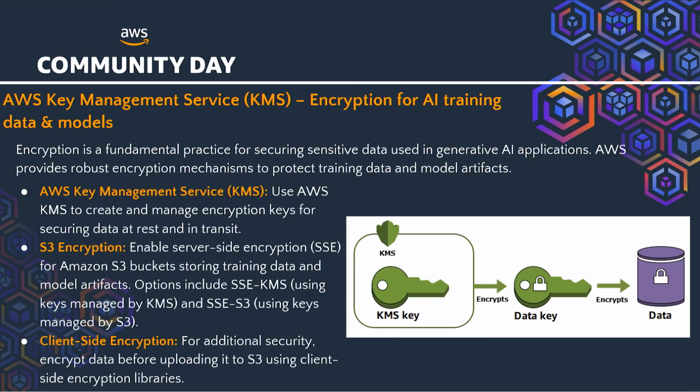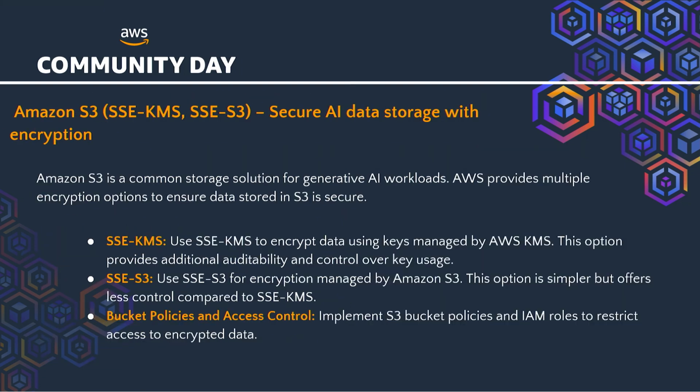And also, before uploading to S3, you can do client-side encryption to encrypt before storing it in S3. So these are some of the services that you can use to protect your data. We talked about this, KMS and S3, and also you can have bucket policies and access control at the S3 level. Again, you can also use IAM roles to restrict access to encrypted data.